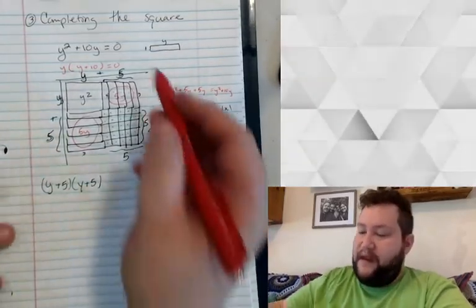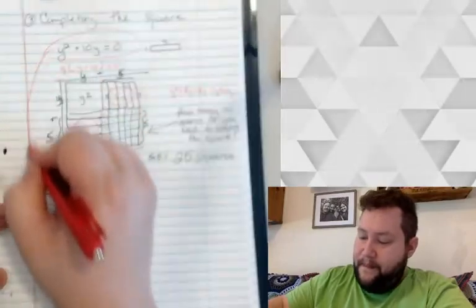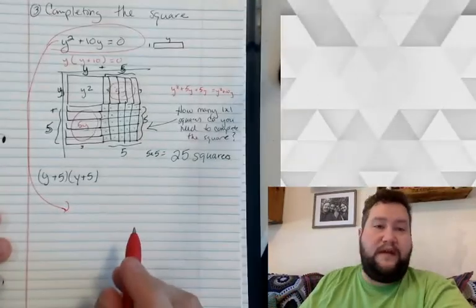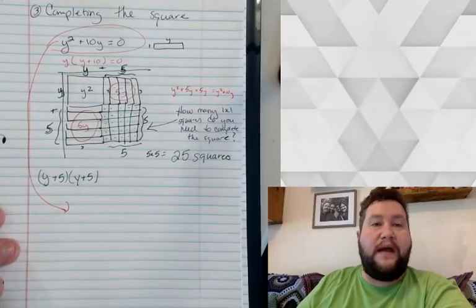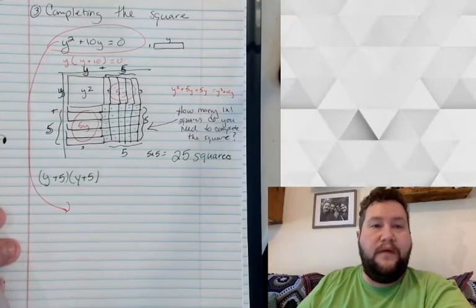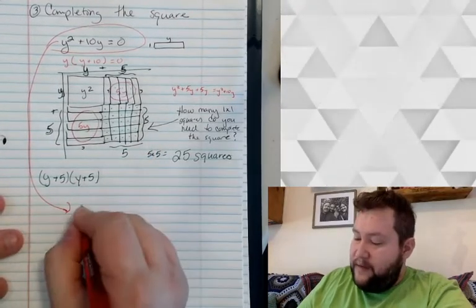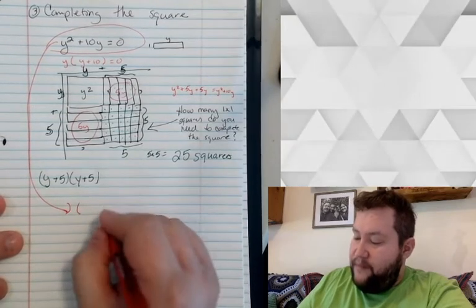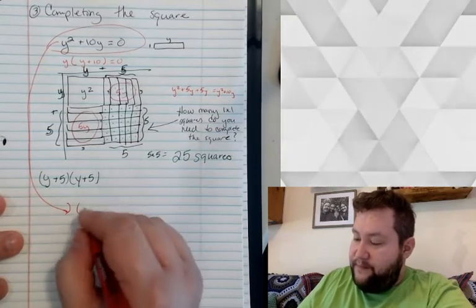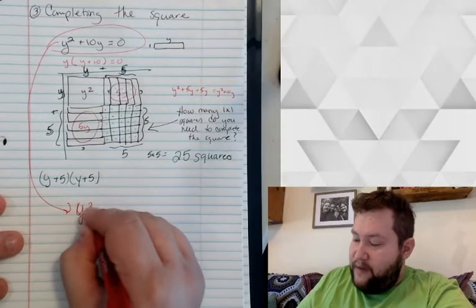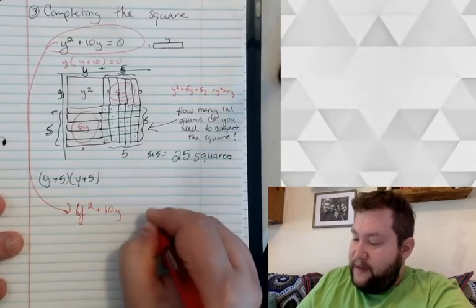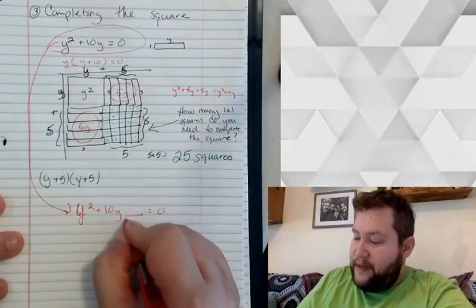So let me bring this together. Suppose you didn't want to solve it by factoring just a y out, but instead you wanted to write it as a sum of squares. So I'm going to rewrite my original. y squared plus 10y equals 0. And I'm going to leave a blank.